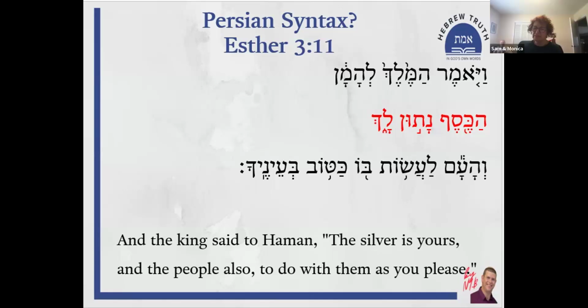You gave the money means Haman paid for this situation to happen. That's the context, right? In verse 9, Haman says, I will pay 10,000 talents of silver. And the phrase hakesef natun lach probably means you paid the silver, you gave the silver. And so now you can do with the people whatever you choose.